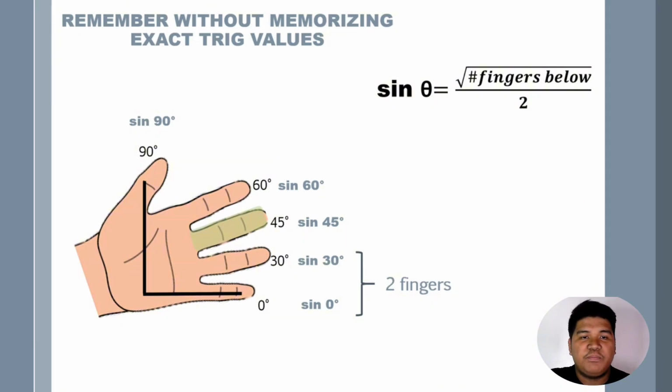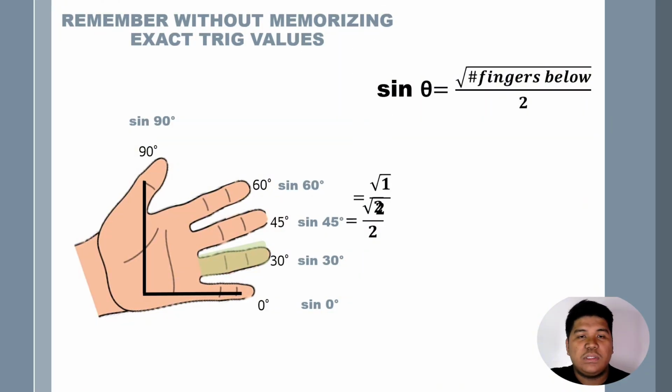Using the formula, sine 45 is equal to square root of 2 over 2. Next, if I want to find sine 30, I count the number of fingers below this highlighted finger and there's only one. Therefore, sine 30 is equal to square root of 1 over 2, or just simply 1 half.